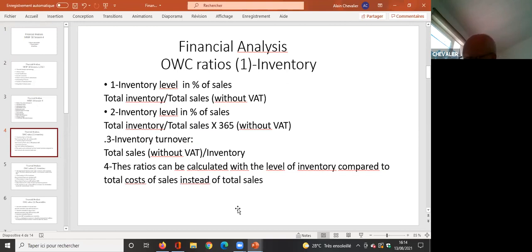We moved after that to financial debt, leverage, debt capacity, a few questions already raised, and now we are with the last set of ratios on operating working capital. And in operating working capital, we have, of course, 3 main cases: inventory, receivables, and payables. That's correct. So if you don't see operating working capital ratios 1 inventory, just say no. I assume that all of you on the screen find this slide.